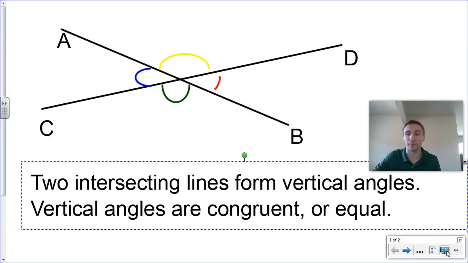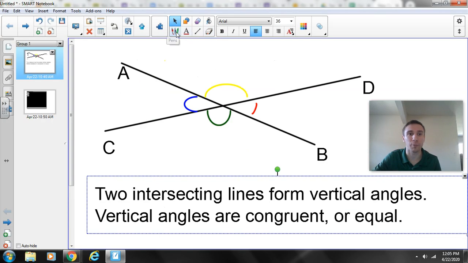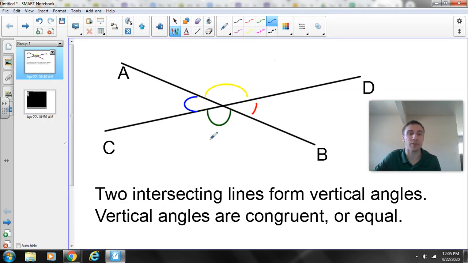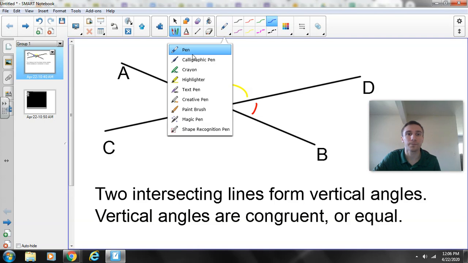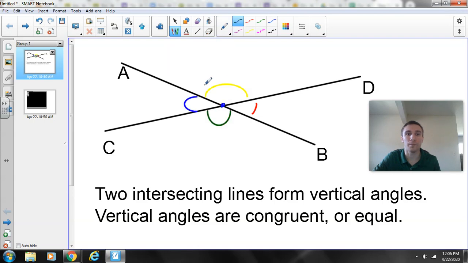So for example, I'm going to come into my smartboard mode and I'm going to say, well, here's my intersection point right here, okay? Now let's call this yellow arc up here. Let's say that this is 120 degrees, okay?